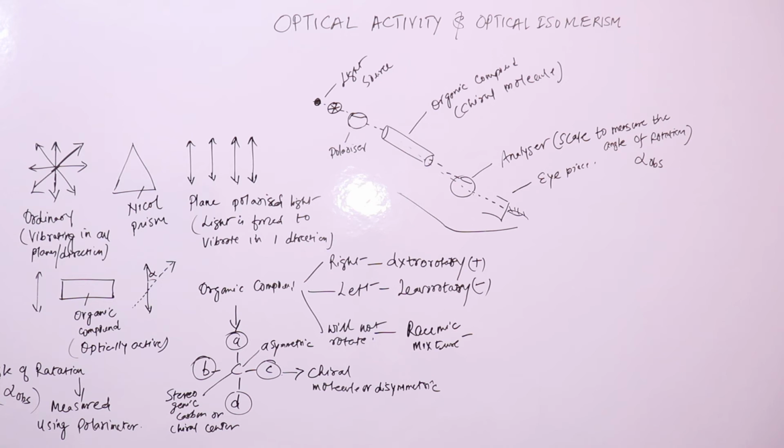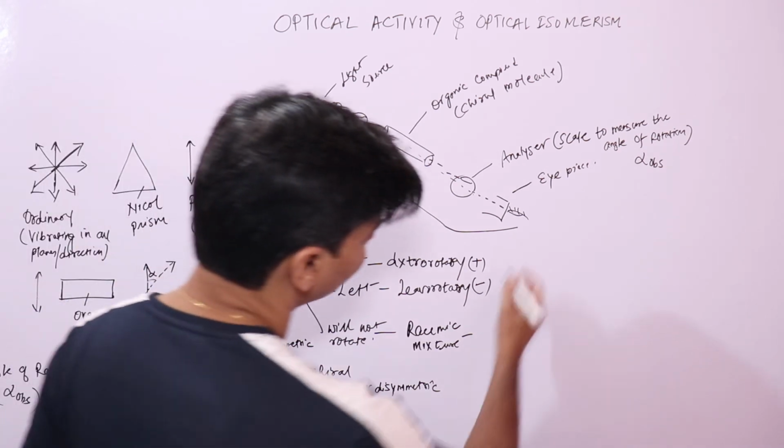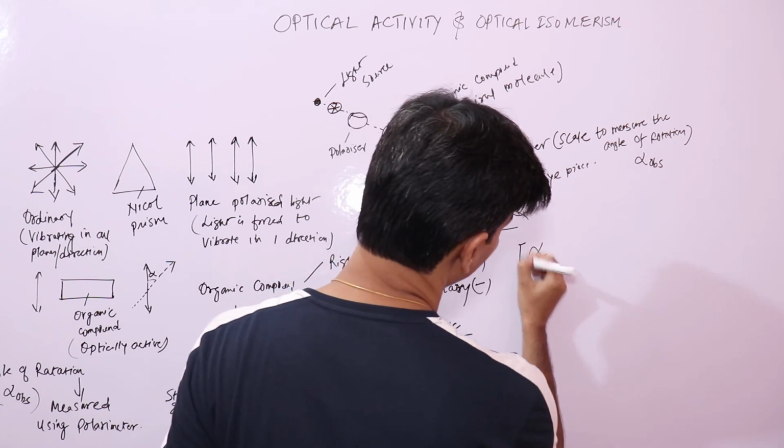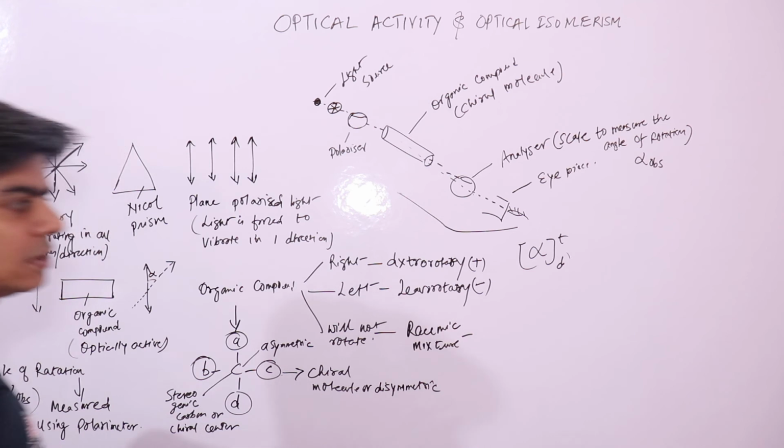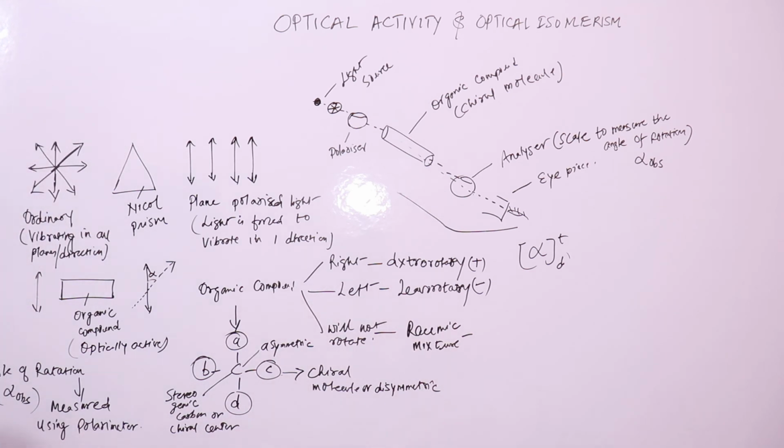The observed angle of rotation of the plane polarized light by the substance is denoted by alpha TD. T is temperature and D stands for the D line of sodium, and the light source is mostly a sodium lamp.